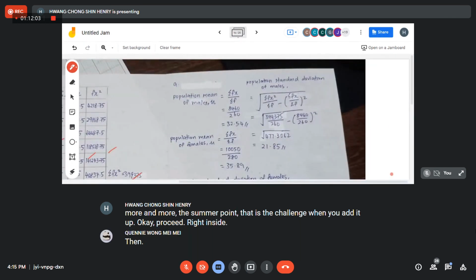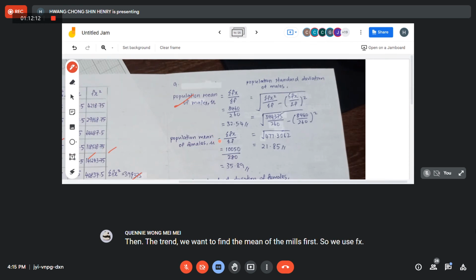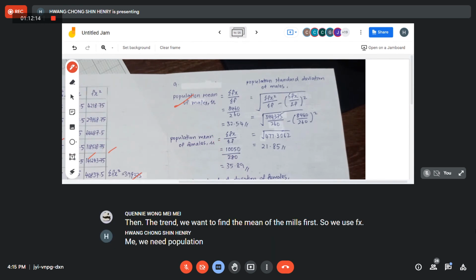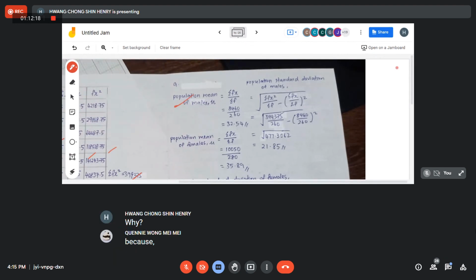Then we want to find the mean of the males first, so we use fx. Do we need population or sample? Population. Why? Because the title says population, and it doesn't have any hint saying otherwise.